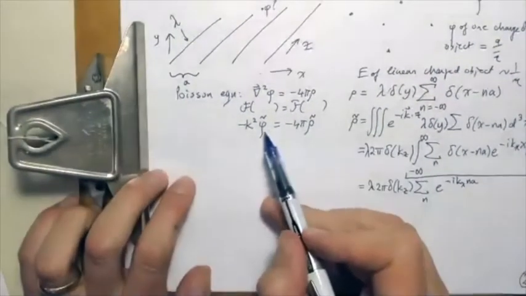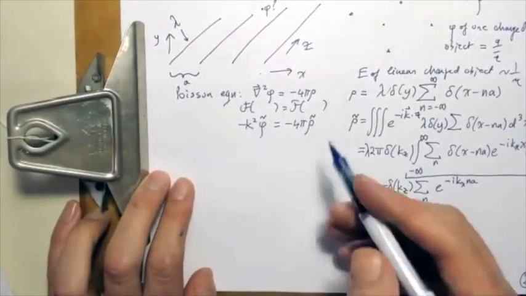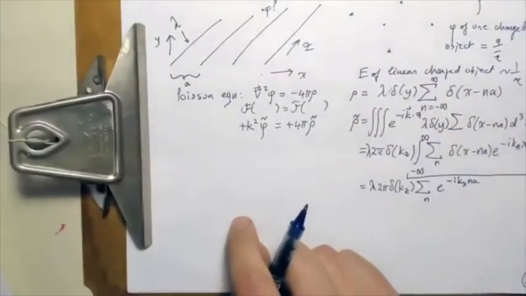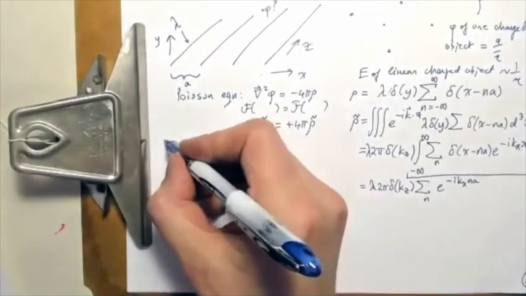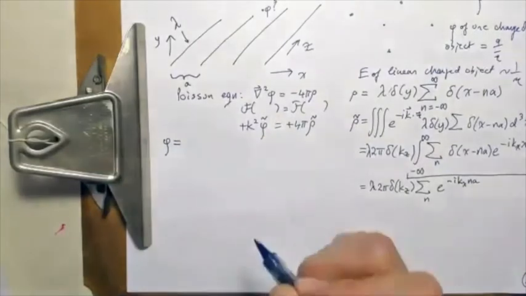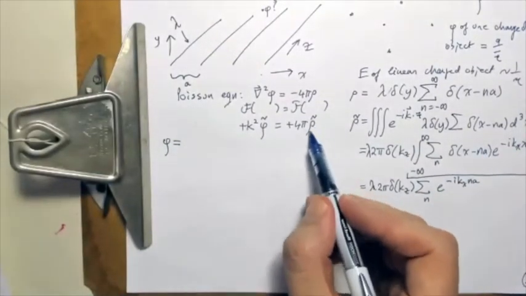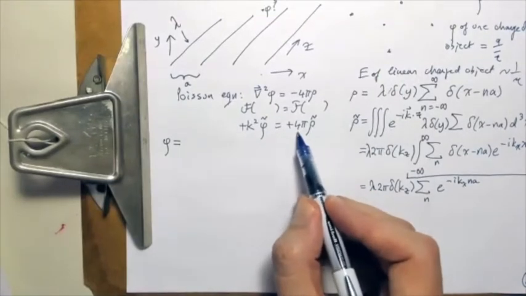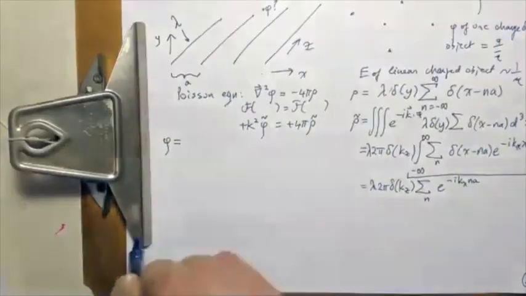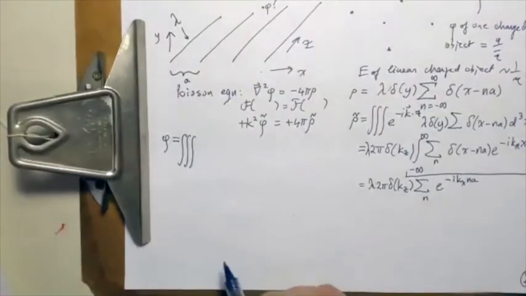And now we can go back and find the potential. Moving these over to one side, our potential is going to be the inverse transform of this charge distribution times 4 pi divided by k squared. I'm going to try to write this in one go. It's going to be quite long, but it's three integrals.